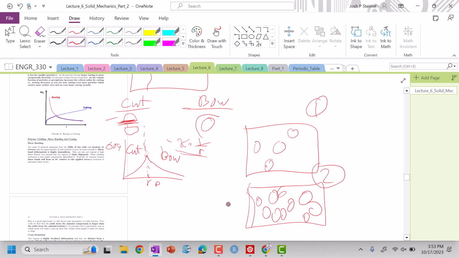Am I going to want to cut here? Probably not. I'm going to want to bow around a lot, because if I cut through, a lot of surface area is created. So I'm going to probably only cut very, very small particles, and my yield strength may increase and my maximum may shift to the left.